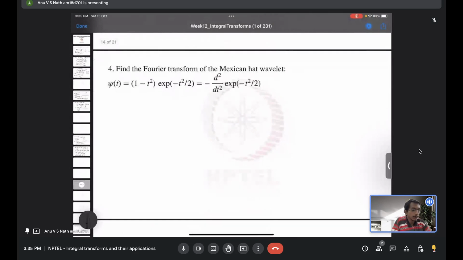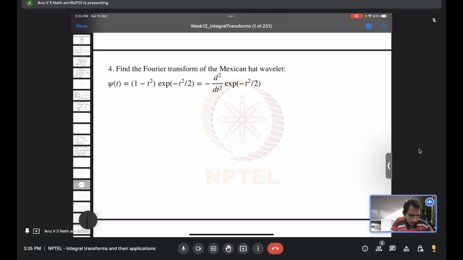Find the Fourier transform of the Mexican hat wavelet. Again, I will give you some time to do this yourself. First plot the function and see how the wavelet looks, then evaluate its Fourier transform. A hint is that this is like a polynomial times an exponential, a polynomial times a Gaussian.